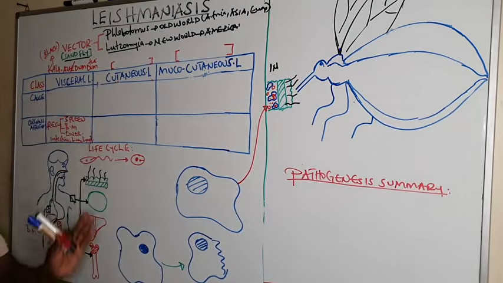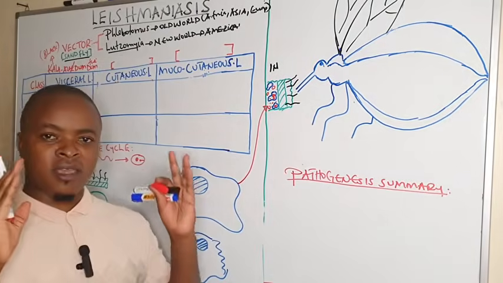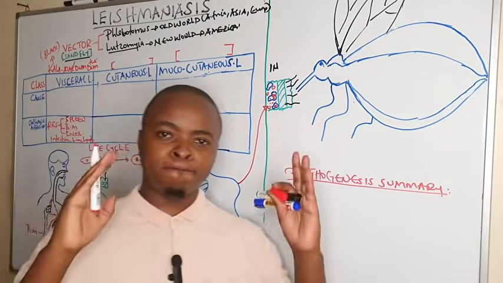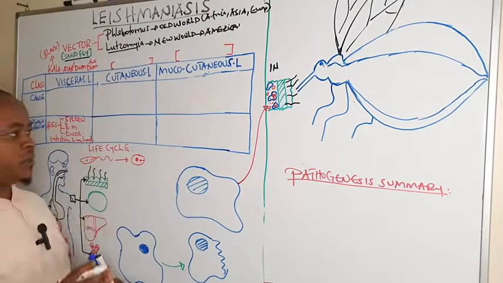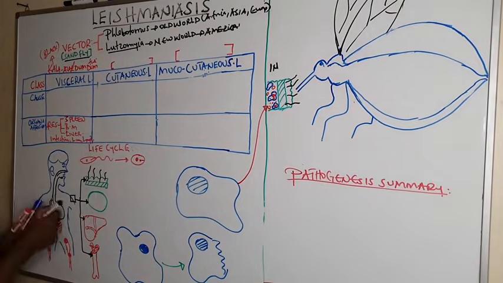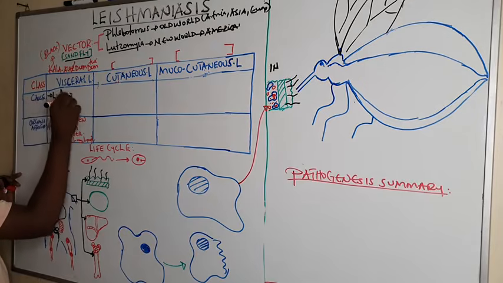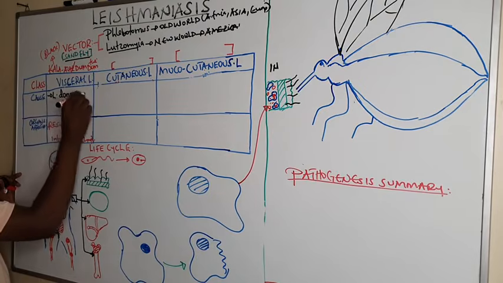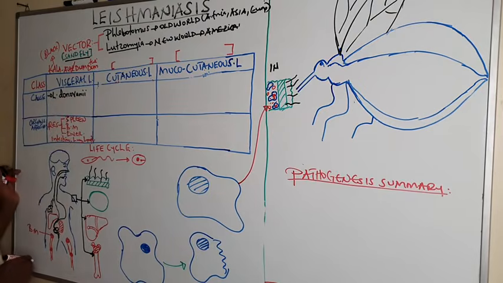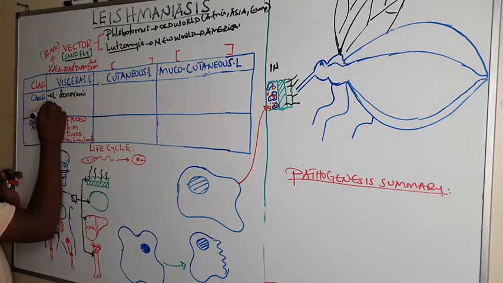And this visceral leishmaniasis is caused by the Leishmania donovani complex. So we see it being caused by Leishmania donovani, or sometimes it can be caused by Leishmania infantum.